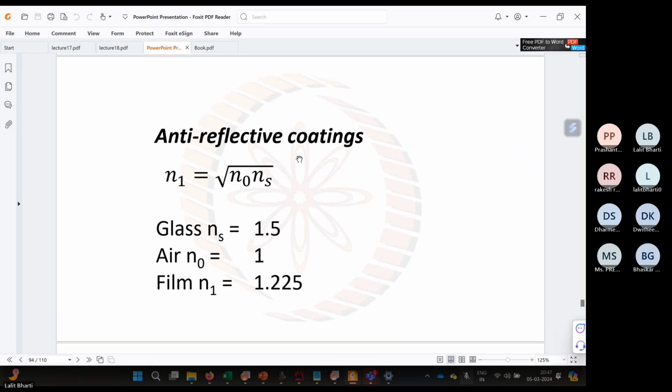N naught for air is 1 and Ns for glass is 1.5. So the answer is option C, 1.225. The film index will be 1.225, the square root of 1.5.